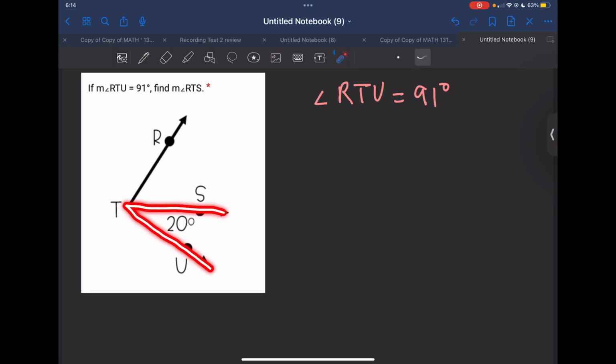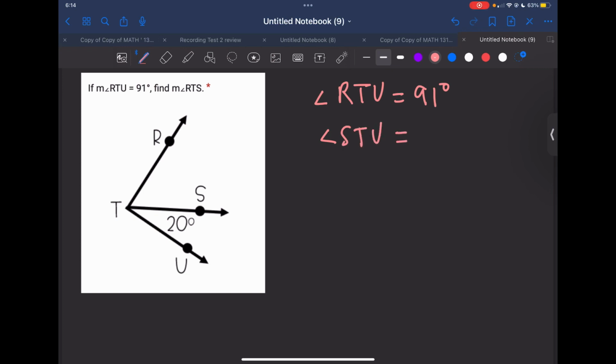So I have angle STU equals 20 degrees. And I want to find the measure of angle RST, because that's what it says. RST I don't know.